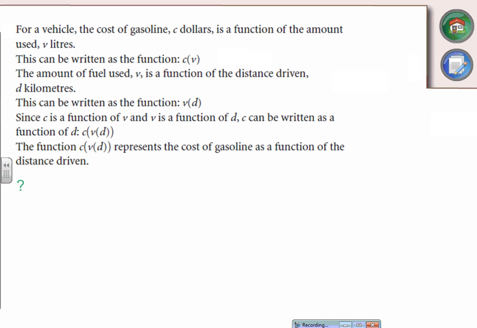This can be written as a function, C of V. The amount of fuel used, V, is a function of the distance driven in kilometers, so V is a function of D. Since C is a function of V, and V is a function of D, C can be written as a function of D. So what we have there is just the cost of gasoline with respect to the distance you've gone. It'll become a lot clearer when we actually look at equations and numbers.